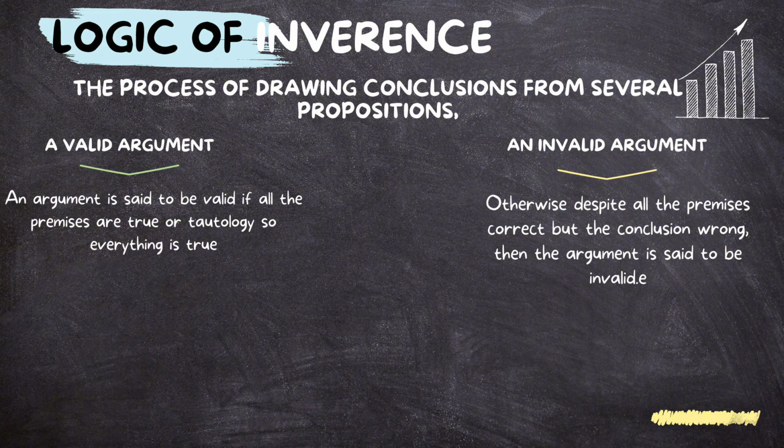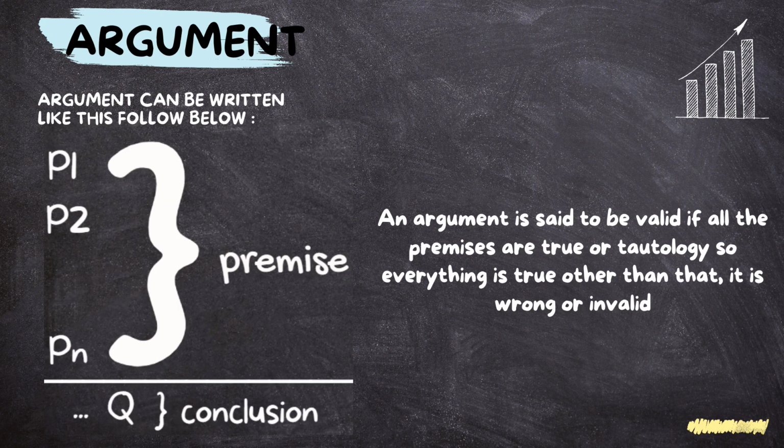To decide whether an argument is valid or invalid, there are several statements or steps to do. So, let's say we got a question containing several premises and also a conclusion. What is a premise? The premise is a hypothesis or assumption, and a conclusion is the inference.